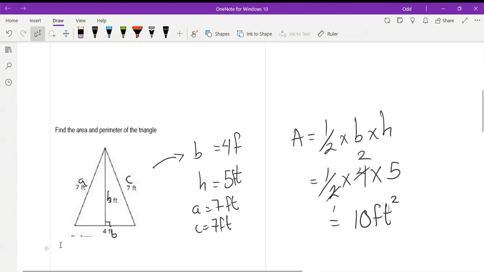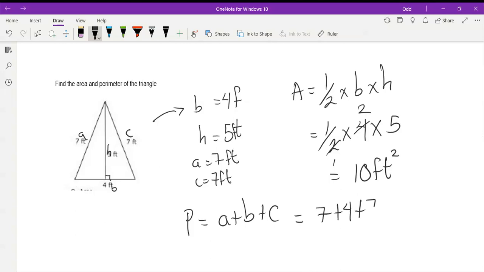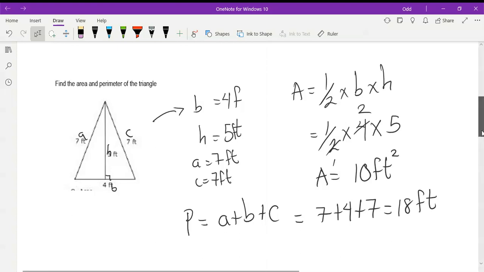Now how about the perimeter? The perimeter will be A plus B plus C, so you just add all the sides together. 7 plus 4 plus 7 gives us 18 feet. So the area is 10 square feet and the perimeter of the triangle is 18 feet.